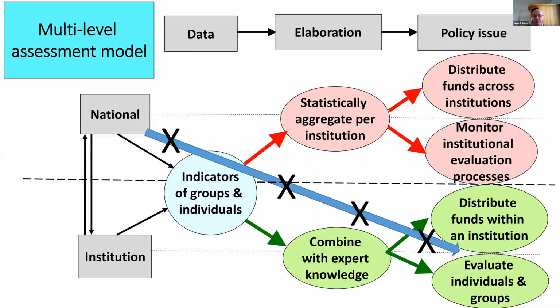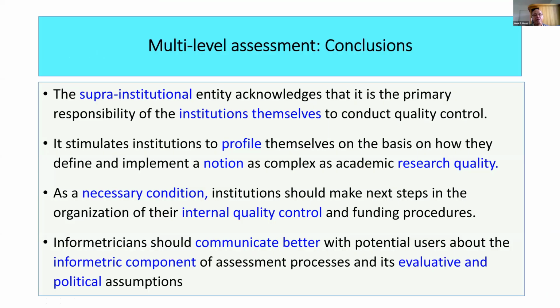But of course, let me draw some conclusions. The supra-institutional entity, I indicated this as a national entity in the earlier slide. It acknowledges that it is the primary responsibility of the institutions themselves to conduct quality control.